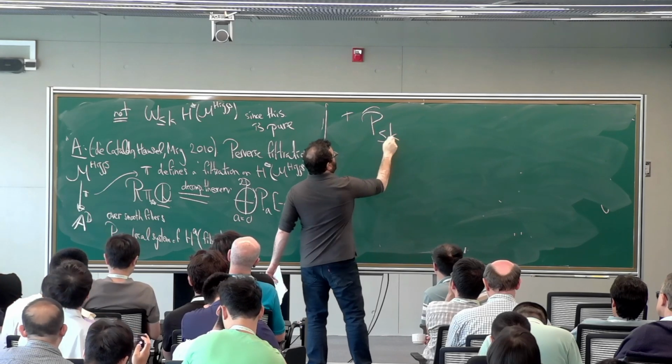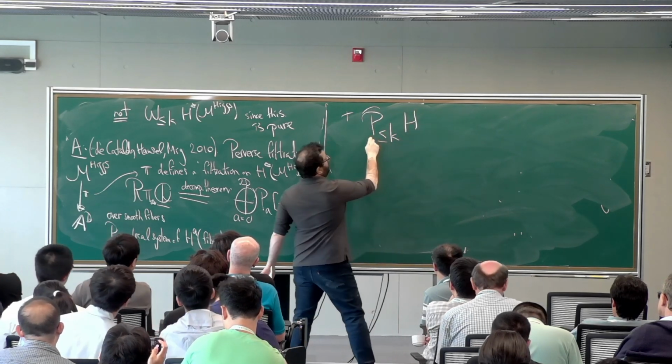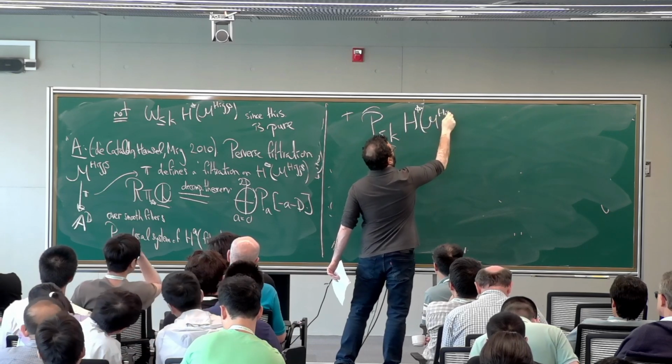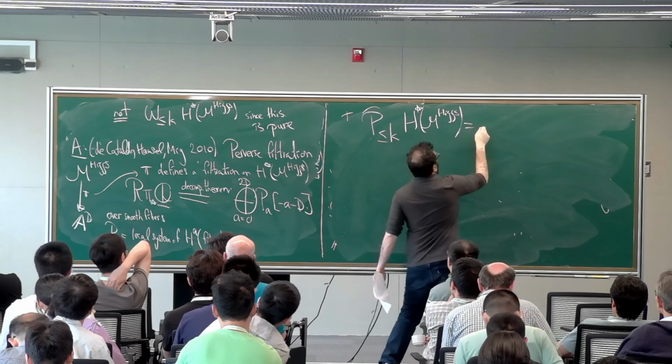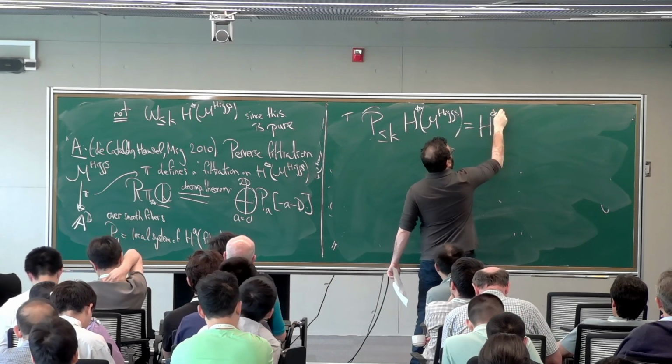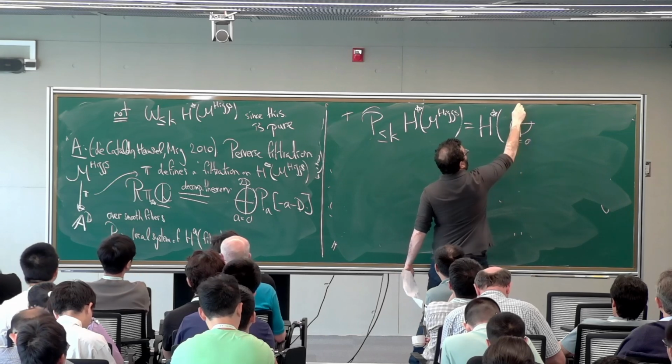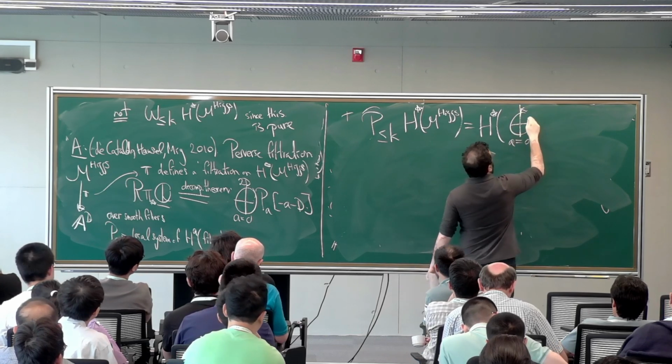So the kth piece of the perverse filtration is just going to be the cohomology of, instead of taking the whole summation, I'm just going to take the first k plus 1 pieces.